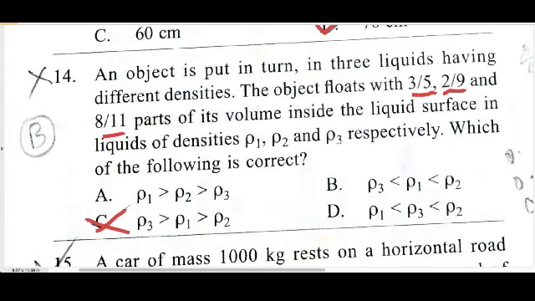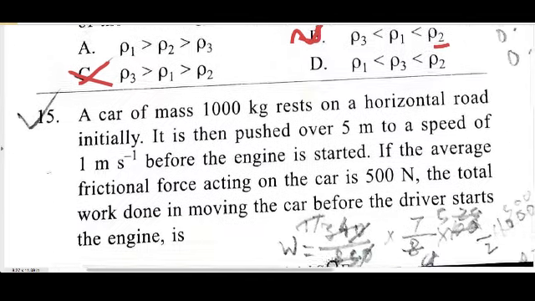So here if we calculate, then 2/9 is the lowest. This means that ρ2 will be highest, and 8/11 is the highest, so ρ3 will be the lowest. So the correct answer will be B. Now let us see the next question.